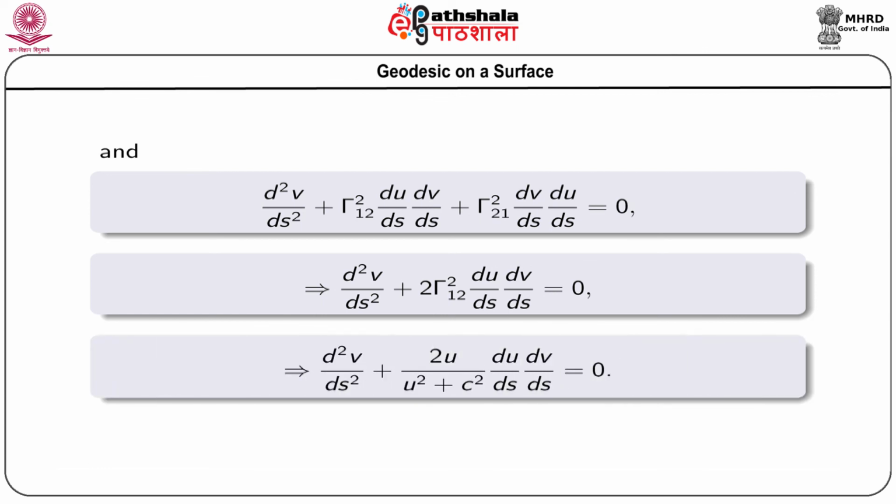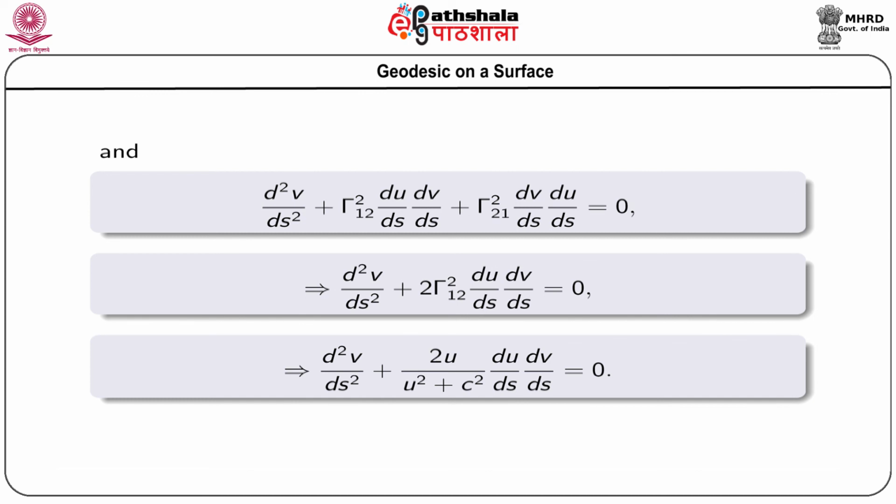Now, putting the value of Γ^2_12, we are getting d²v/ds² plus 2u/(u² plus c²) (du/ds)(dv/ds) equal to 0. So, these are the two differential equations of geodesic for a helicoid, and if we solve these differential equations, we can get the geodesics.